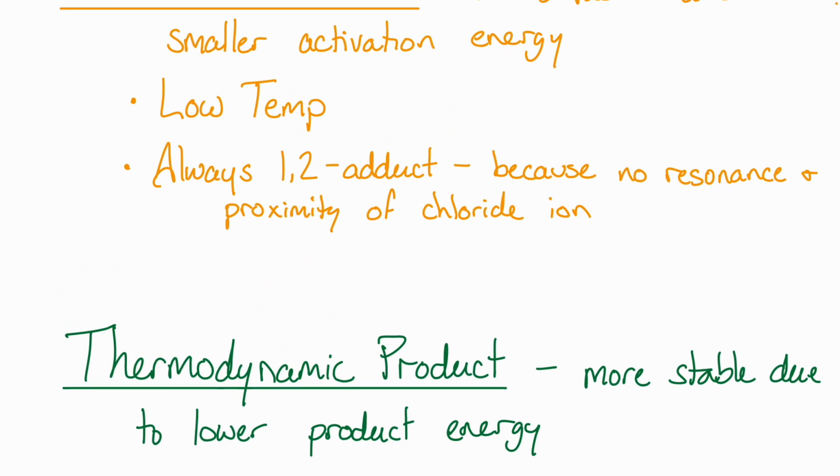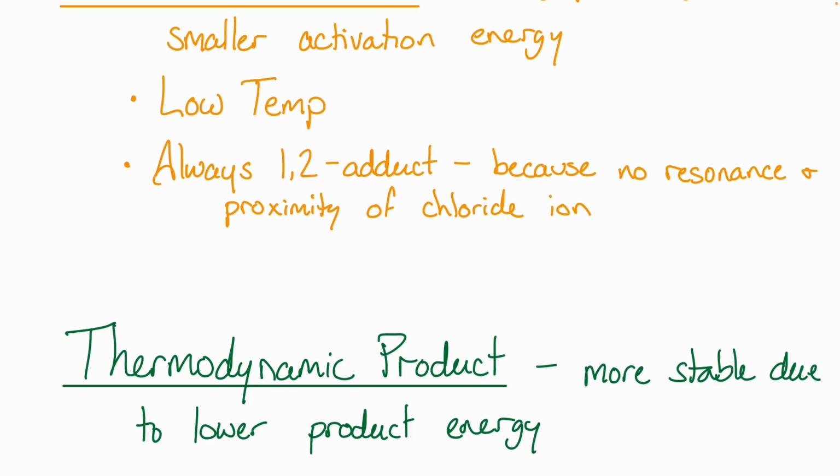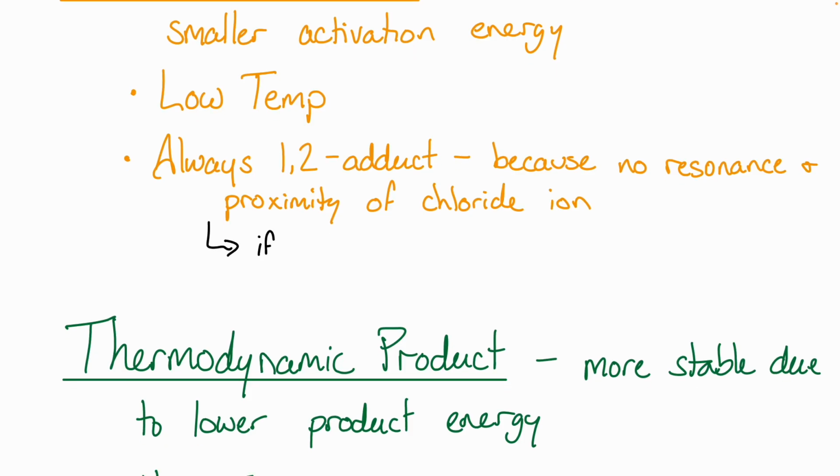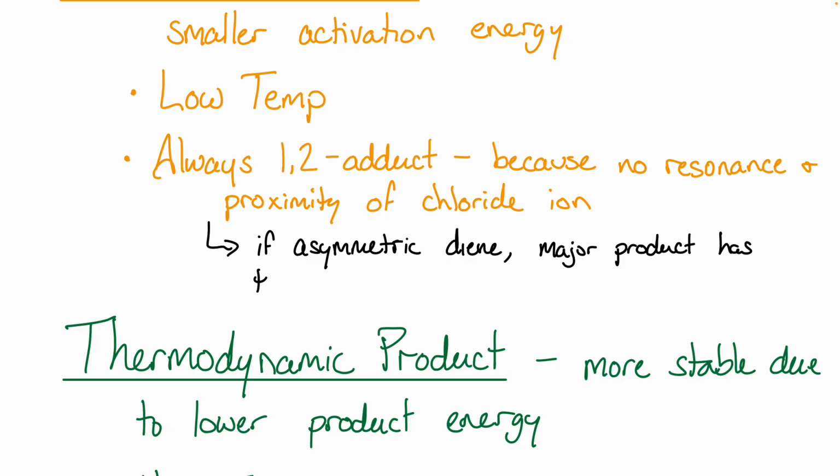So we're going to note here, if it's an asymmetric diene, our major product has the more stable, i.e. more substituted, allylic carbocation intermediate.